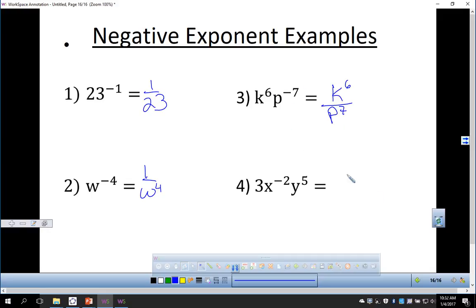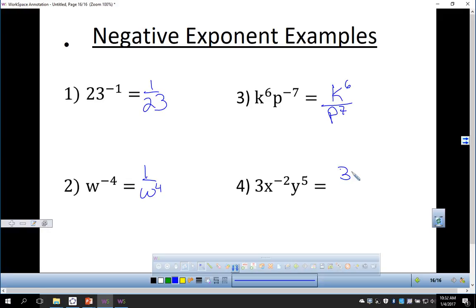Who wants to do this one? Do this one, Everest. This is not sinking in very well. If you've got the negative exponent, just bring the base downstairs and make it positive. Anna, you want to try? Y to the 5 over 3x.